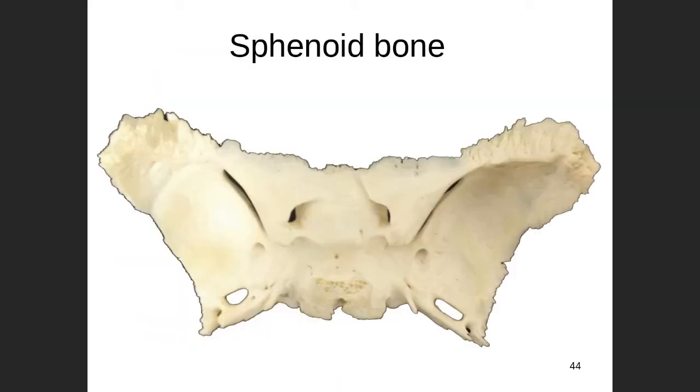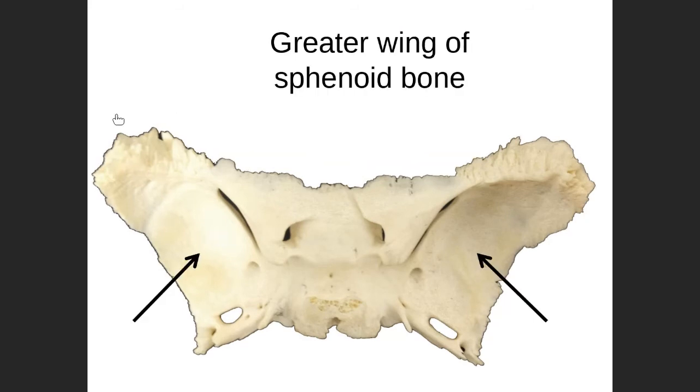All right, so here's the sphenoid bone all by itself again. There's a couple parts of the sphenoid bone that we're going to label here. This flat portion here is going to be the greater wing of the sphenoid, here and here. The greater wing of the sphenoid bone.